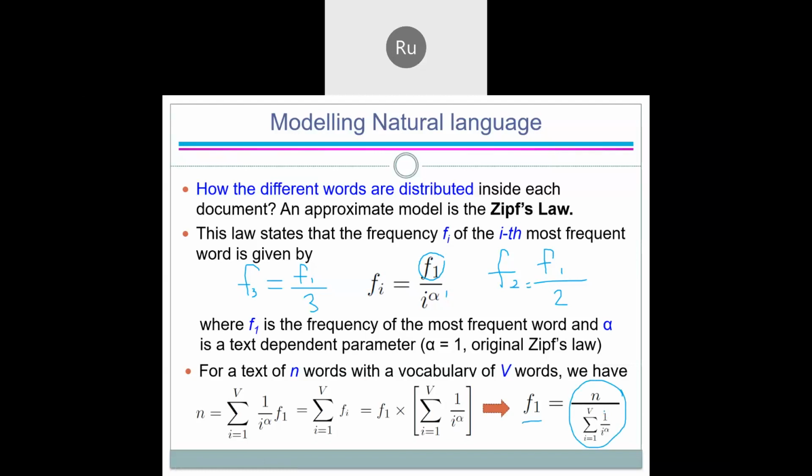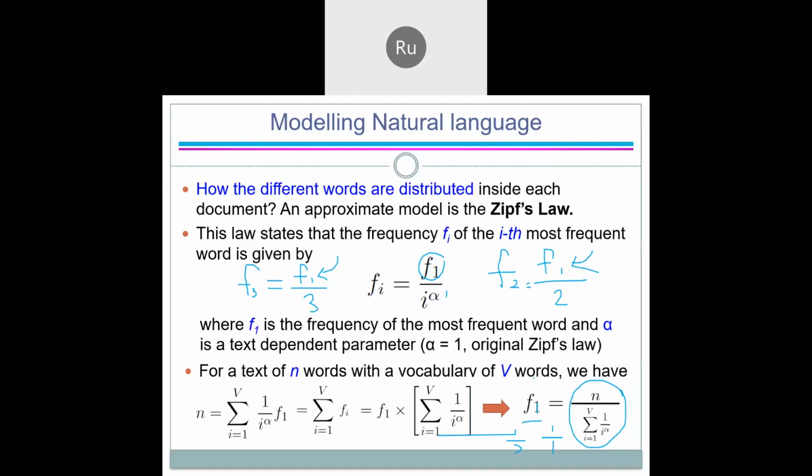The n refers to the number of words, and this is the summation of 1 over 1, and then 1 over 2, and so on. So you will have the value of F1, then you can substitute it here.